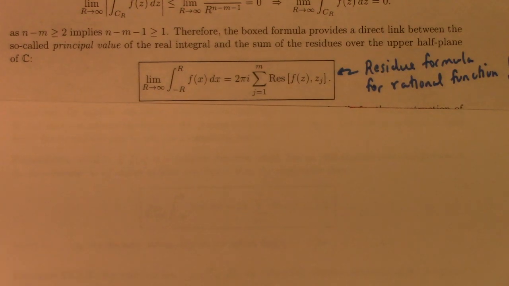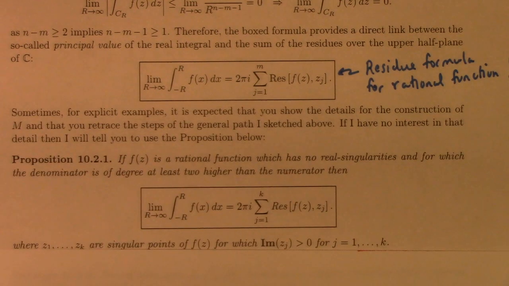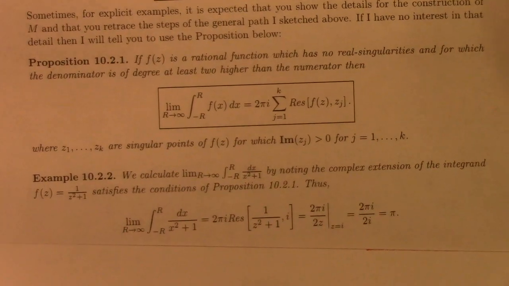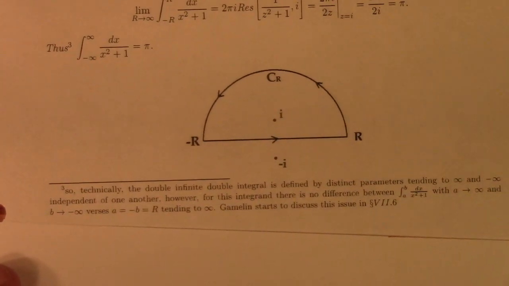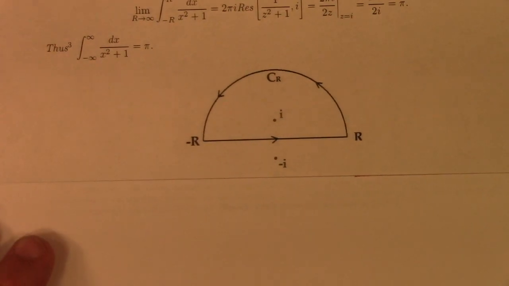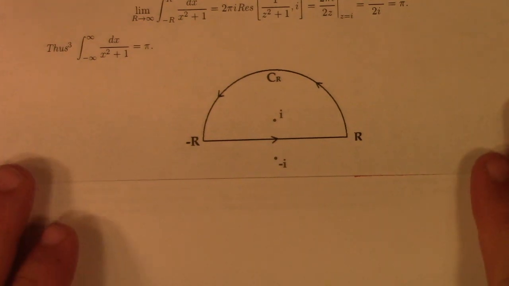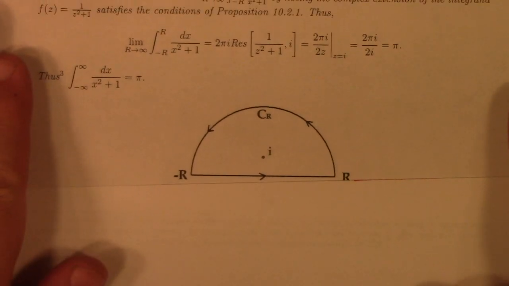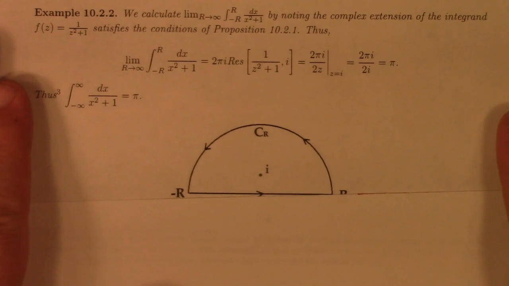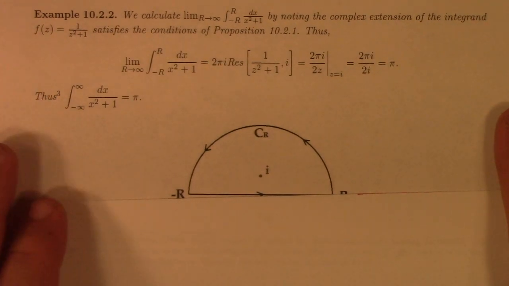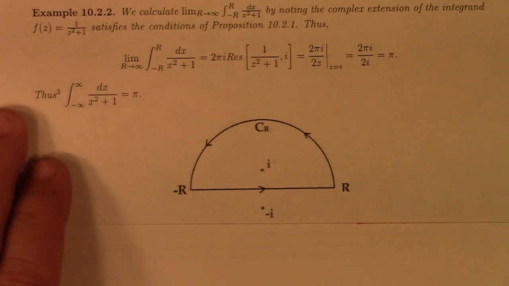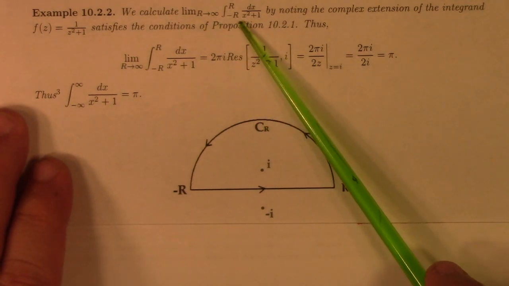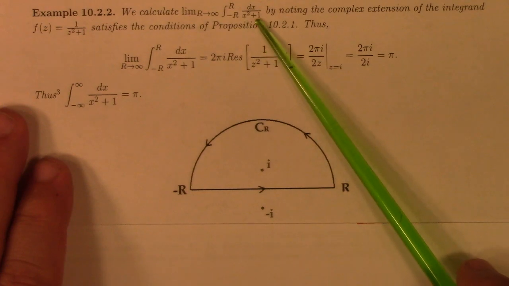All right. Let's look at some examples here. So here is a nice example. Perhaps it is the nicest example for this stuff. So I want to calculate the limit as r goes to infinity of the integral from minus r to r of dx over x squared plus 1.